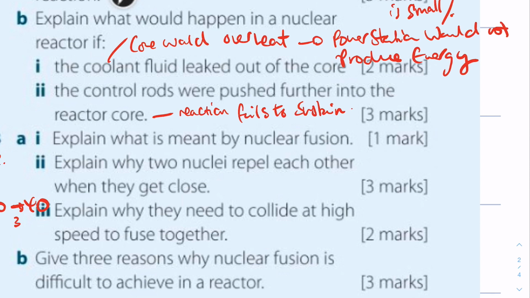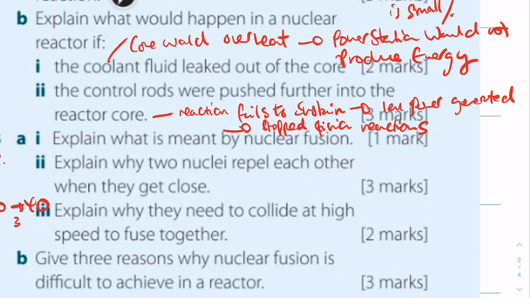Less power generated, which leads to stopped fission reactions once all the excess neutrons have been used up. Therefore, power station is shut down.